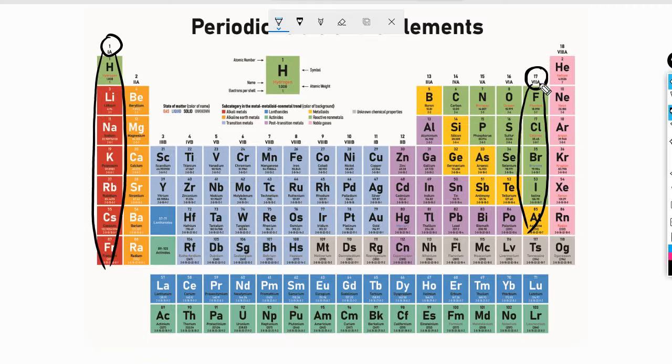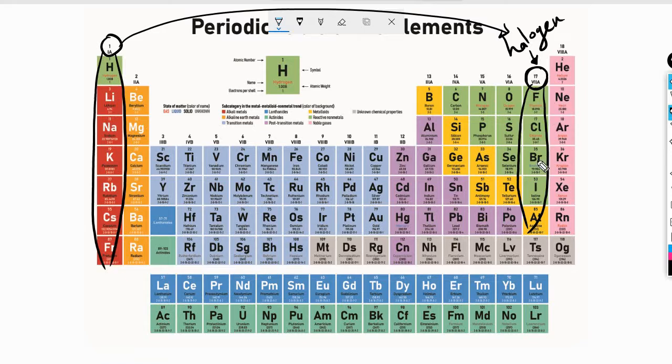And this group is called the halogen group. These elements in this group, fluorine, chlorine, bromine, iodine, all of them are called halogens. And most of the time the alkali metals will react with halogens. Why? Because this one has the same property and here also the same property.